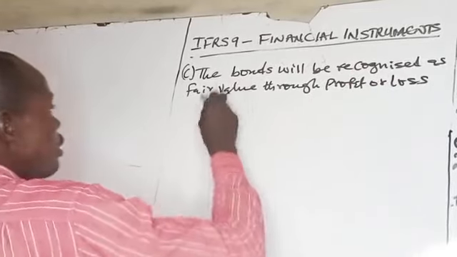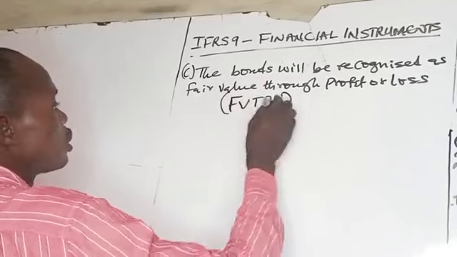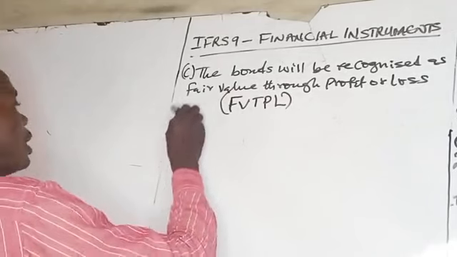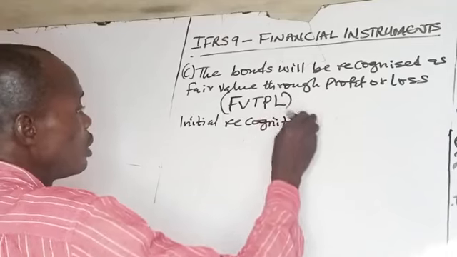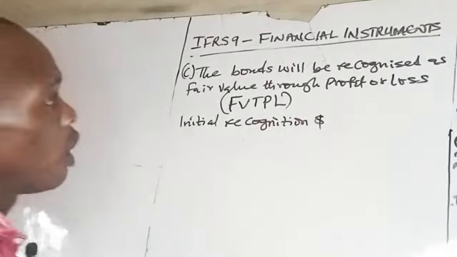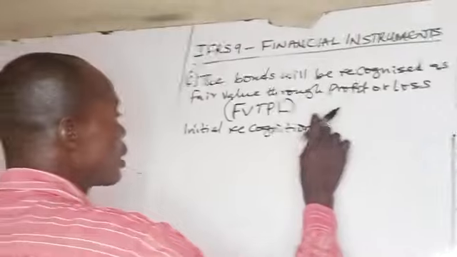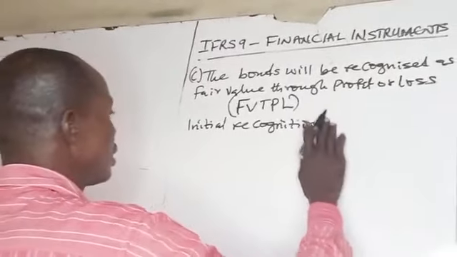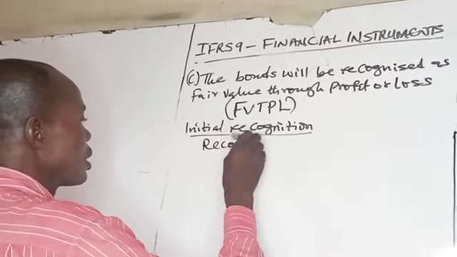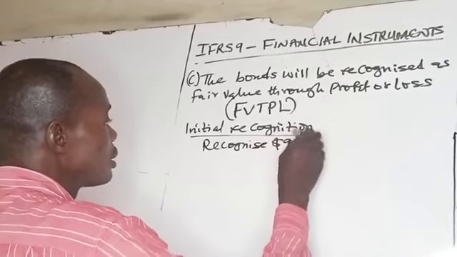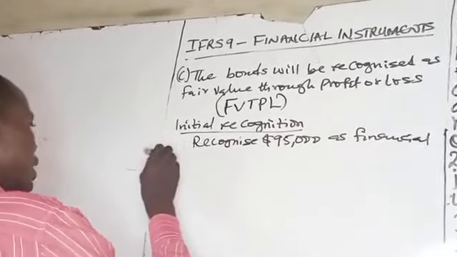On initial recognition, the fair value on acquisition, 95,000, will be recognized as a financial asset.